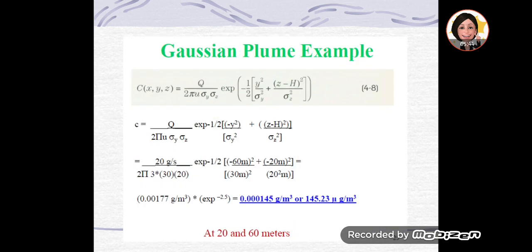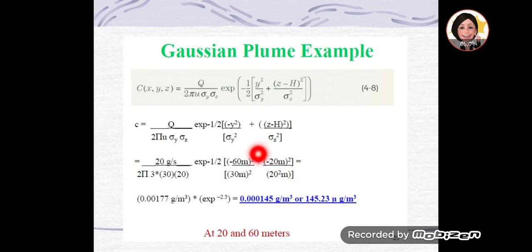Then the second question is at 20 and 60 meters. So this equation will not be 0. The y is sideways 60 meters, and the z is below, and below means negative, so you get negative 20.